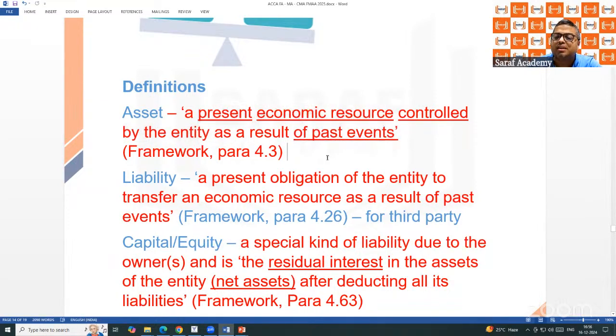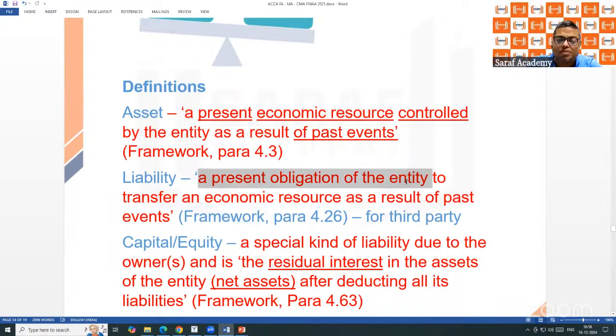Because in the past I purchased it, because in the past I got the ownership of this asset. Why are you getting control? Because of the past event. An asset is an economic resource, a thing which, by the way you use it, you decide, you will be getting benefits for many years. For that reason they are called assets.